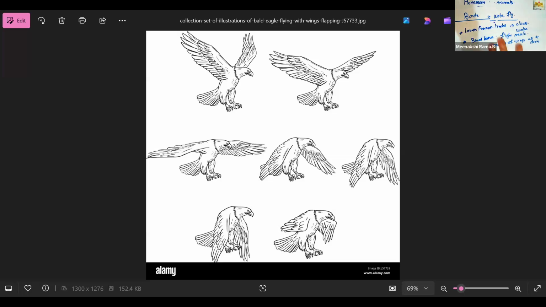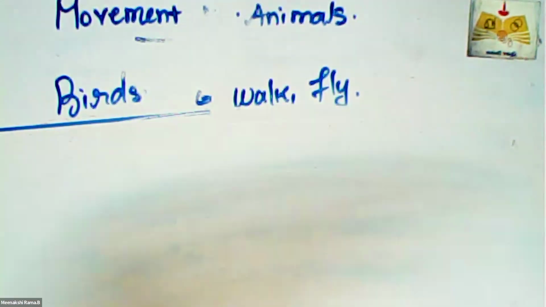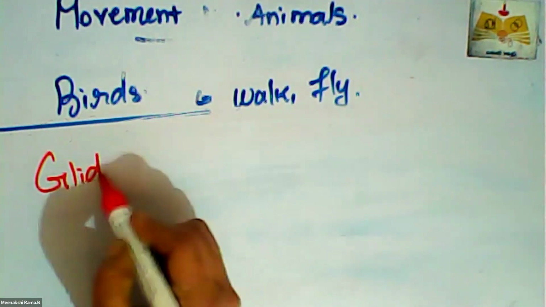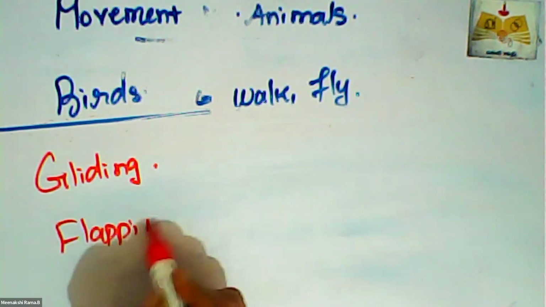The second one is flapping. Flapping means it is an active flight. The bird beats the air by flapping its wings. They use the flight feathers for that purpose only. So this is called flapping.